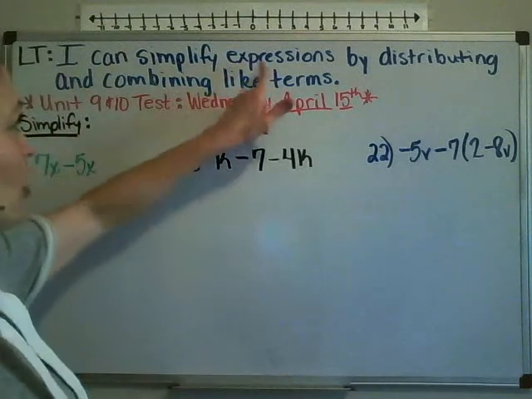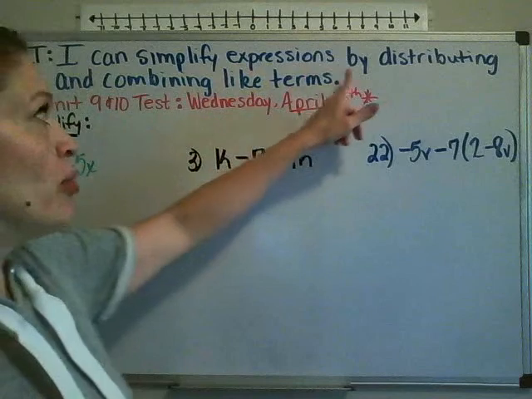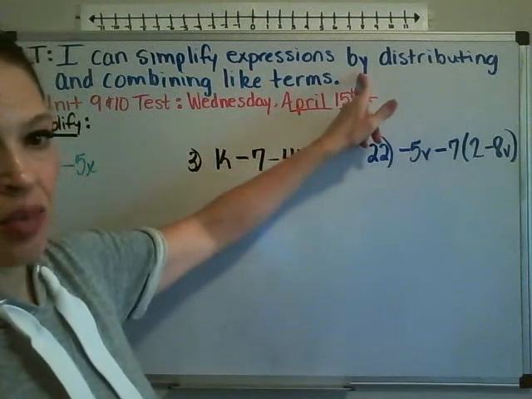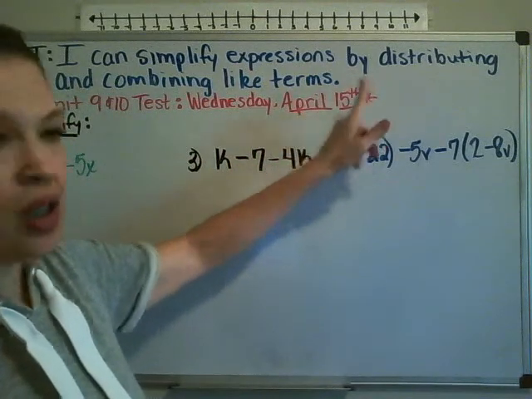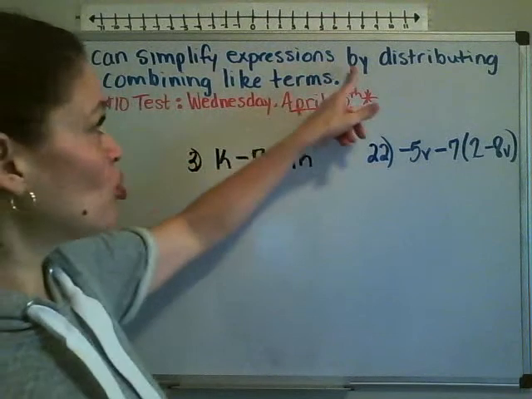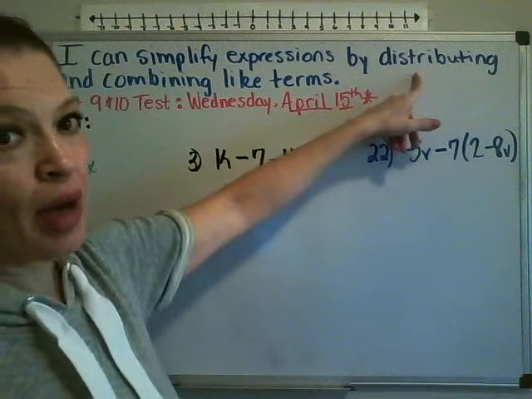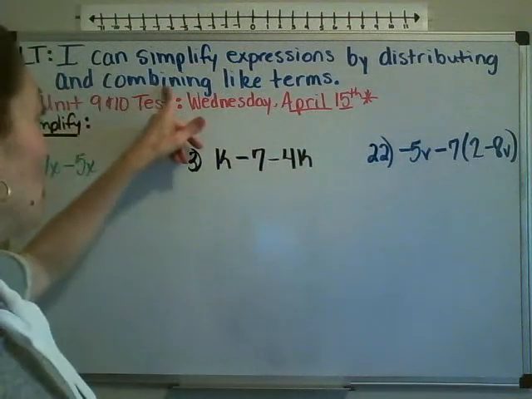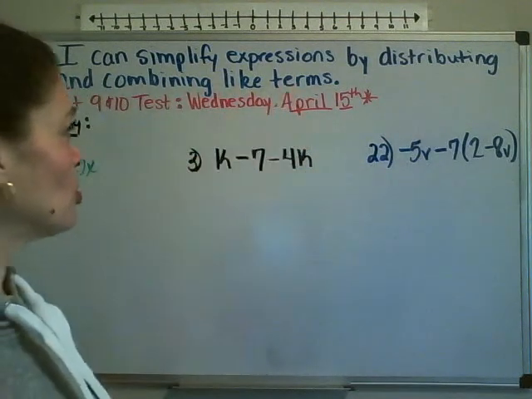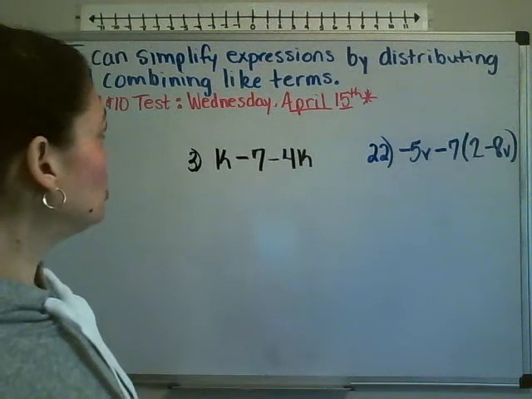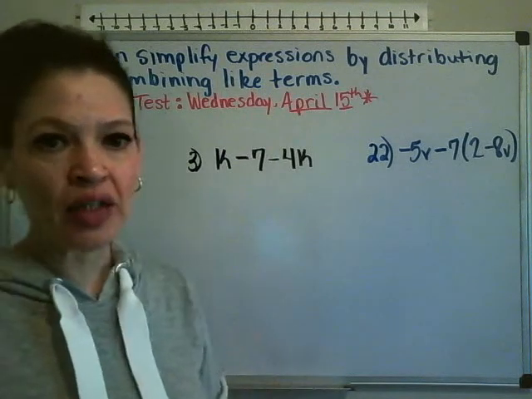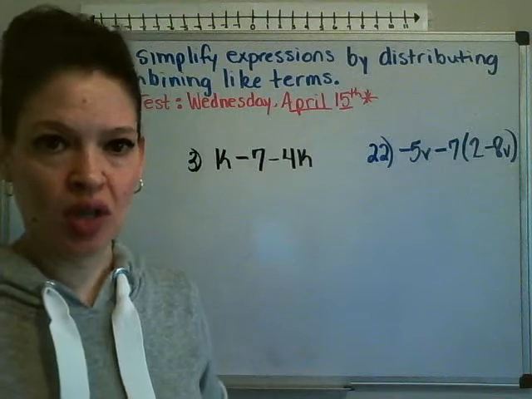I can simplify expressions by, so that means we're going to be using a certain method. So I can simplify expressions by distributing. We should be experts at that. By distributing and combining like terms. Okay, so in order to do that, let's understand what it means to simplify.